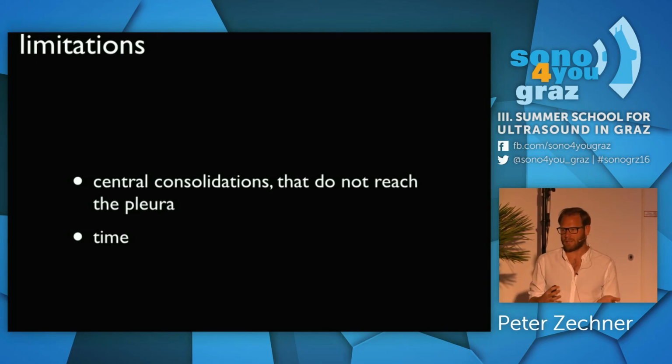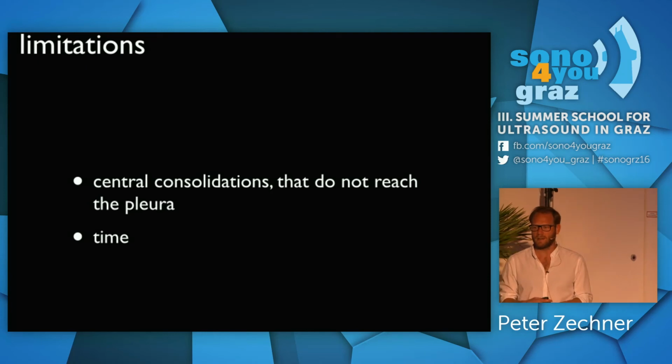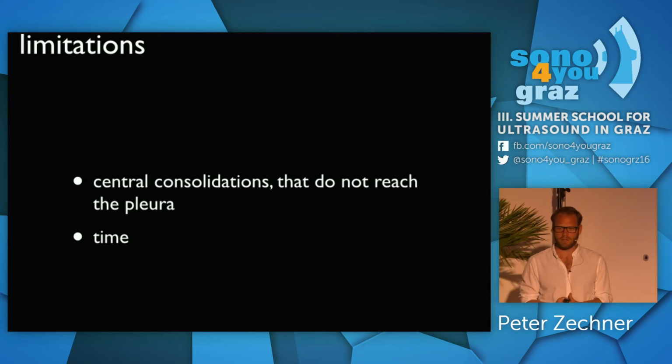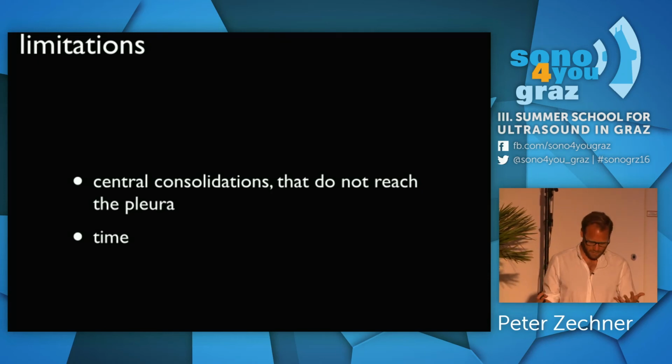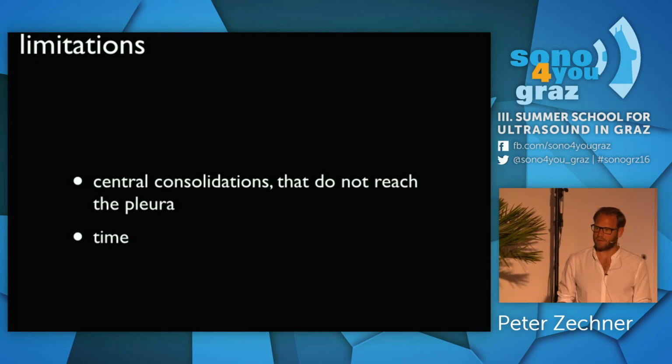And this needs time, maybe 10 to 15 minutes. And in an emergency department with a lot of patients waiting for you, it's sometimes difficult to use this tool. But in situations where we want to avoid chest X-ray, for example, in pregnancy or in children, of course, it's a great tool that can be used everywhere.